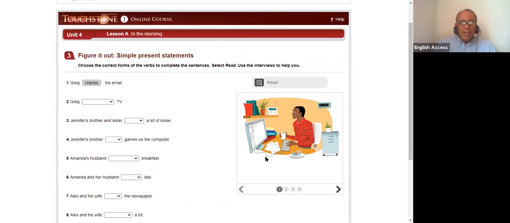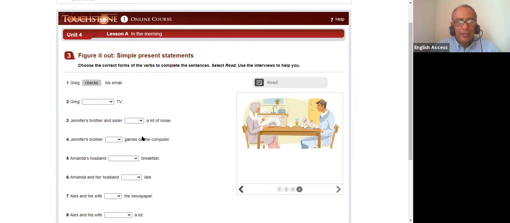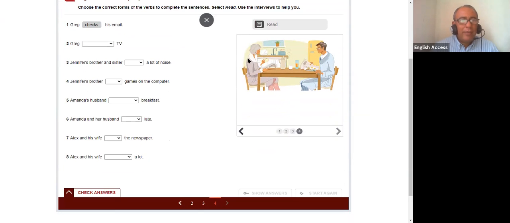Let's go for number 4. Here you have to select from the drop down menu. Aquí tienen que seleccionarlo del menú descendiente. Aquí, por ejemplo, Greg checks emails. Greg don't watch TV or doesn't watch TV. Which one is correct?